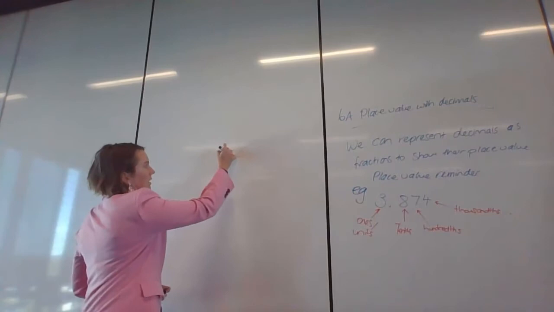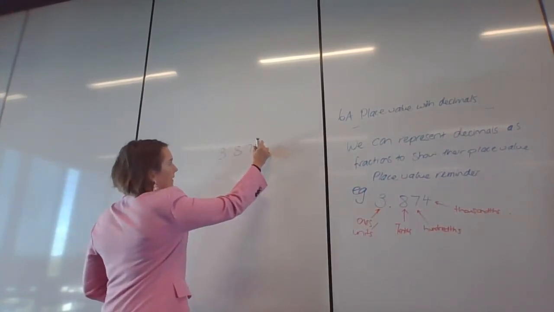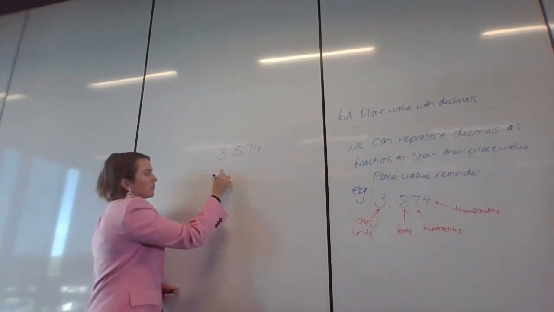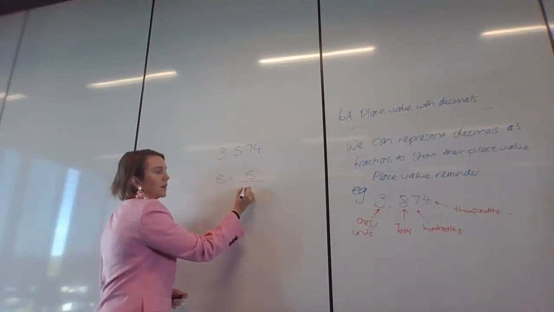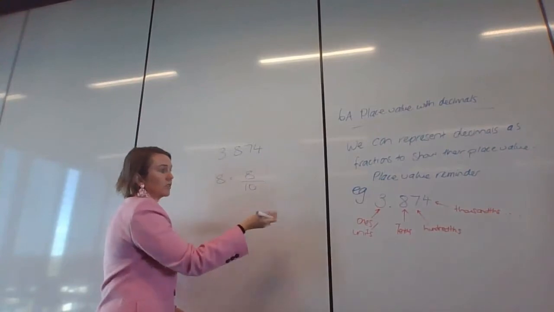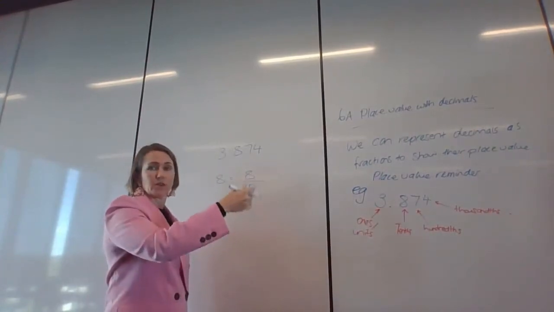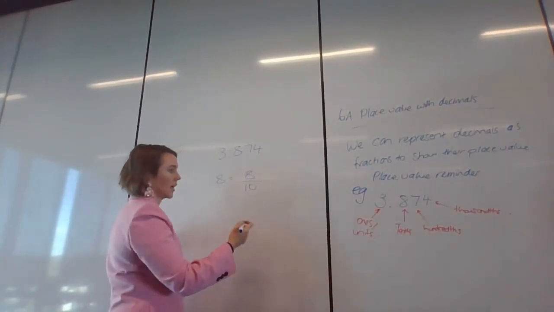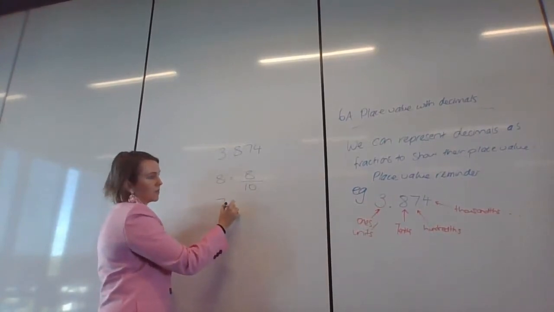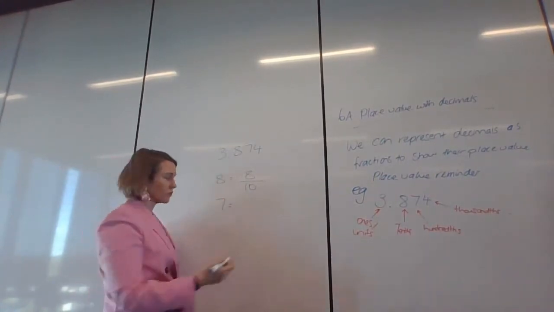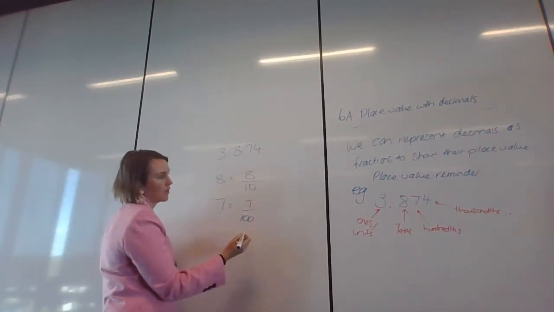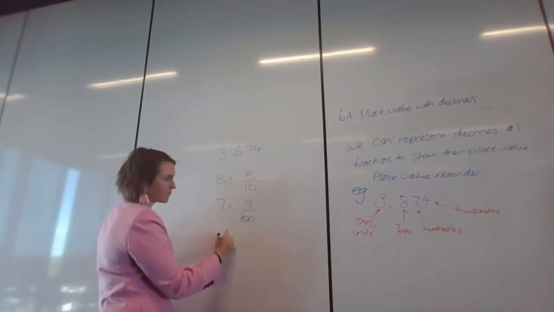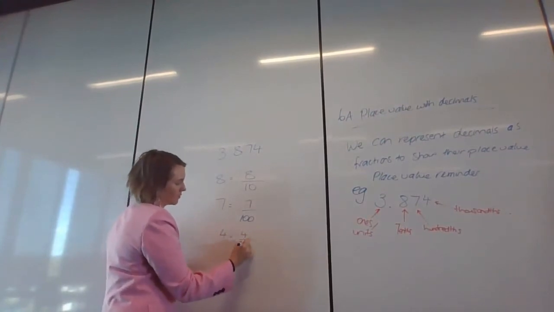So in this number, the 8 would be 8 over what number? 10, yeah, because it's in the tenths place value part. The 7 would be in the hundredths, so it's 7 over 100, cool. And then the 4, yeah, cool.